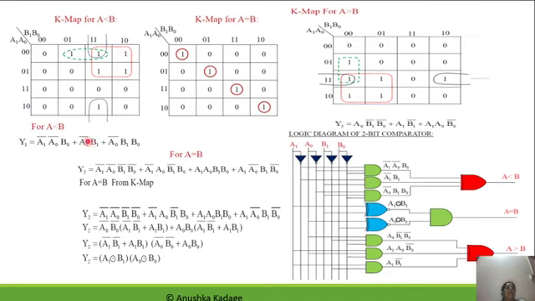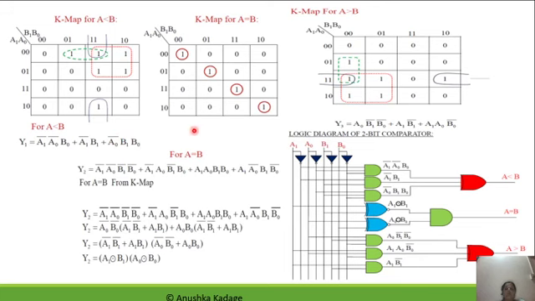For this group combination, we find B0, A1 dash and A0 dash. Now for the pair simplification, A0 dash is common along with B1, B0, so the min term corresponding to that will be A0 dash B1 B0.